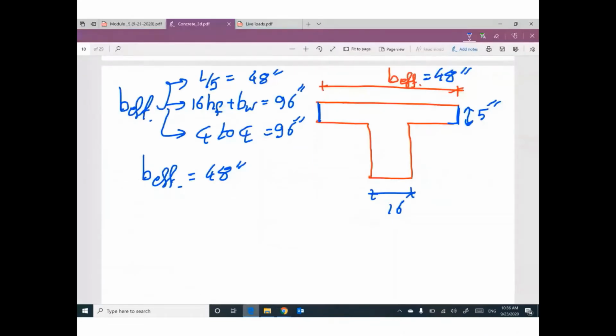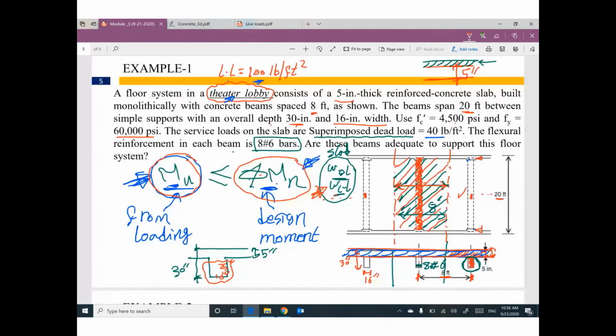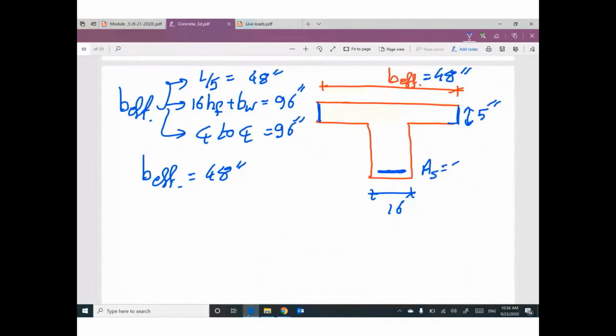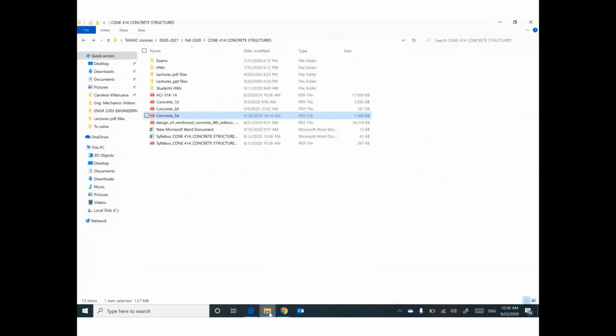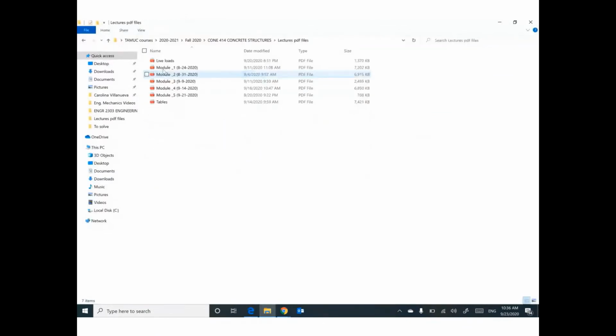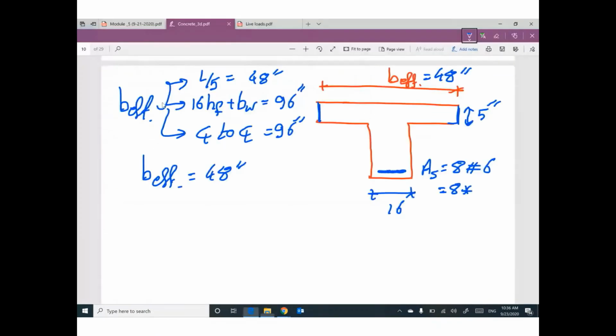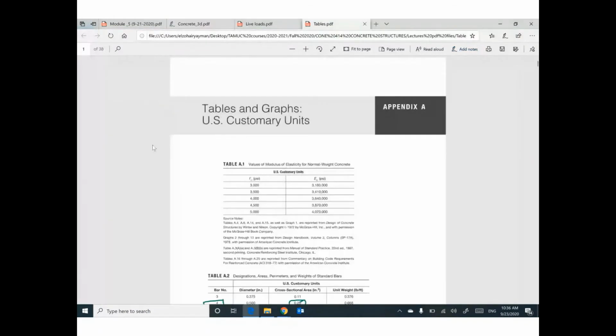Remember, the area of steel is given. Your area of steel is 8 number 6 bars, so your area of steel will be 8 times number 6. I need to open a table for steel reinforcement number 6.